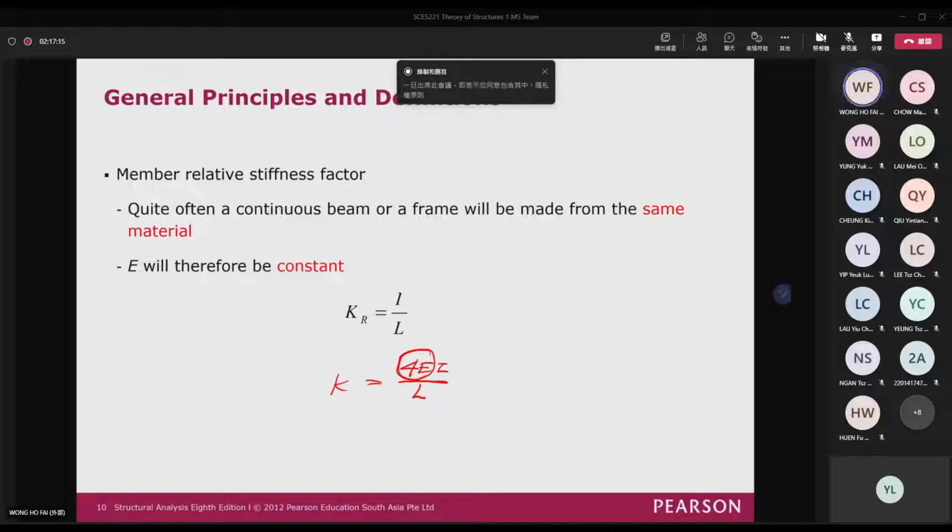Instead of using 4EI over L, we can just use I over L, because in most cases the frame will use the same material. It is not very common to use different materials, say one member using concrete, one member using steel, one member using glass. It is not common. So we may use I over L as the stiffness factor.